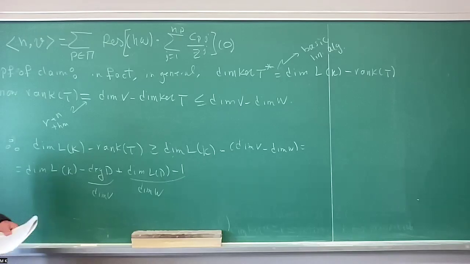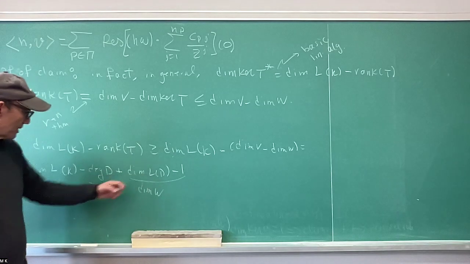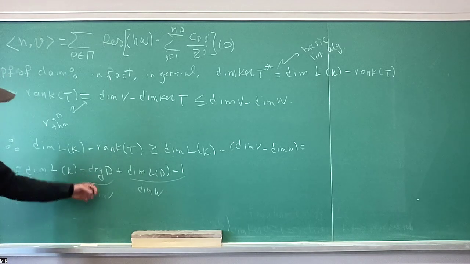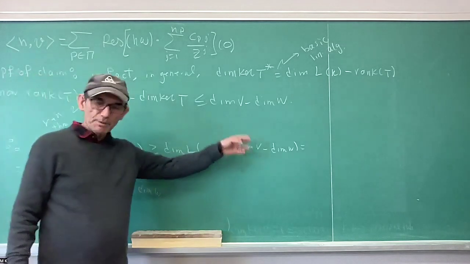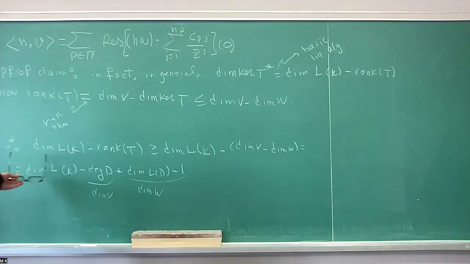We have everything because my claim one was that dimension of W is this. Degree of D is the dimension of V, because dimension of V was the sum of the multiplicities of those components, and that's what it is, okay?